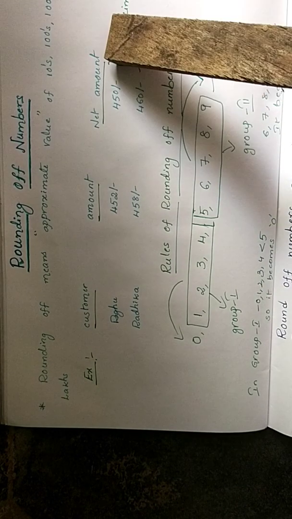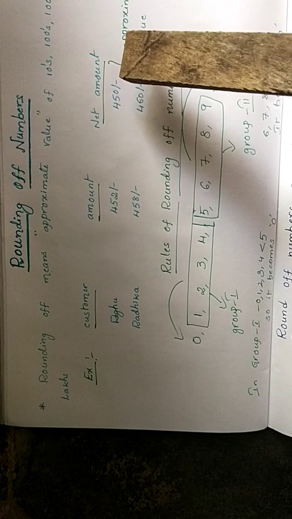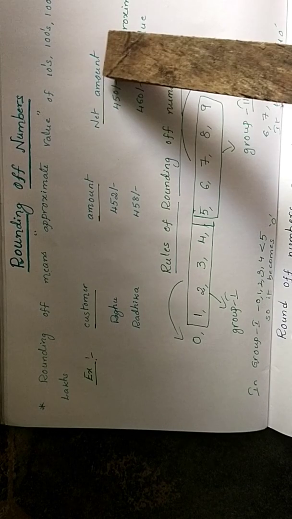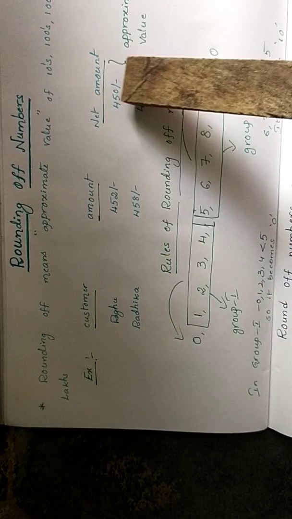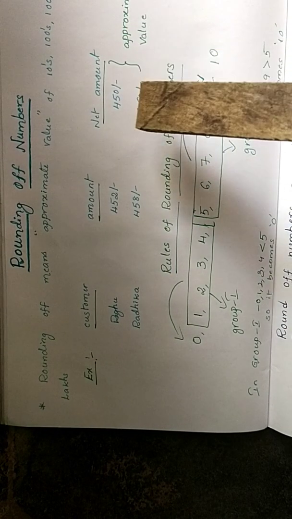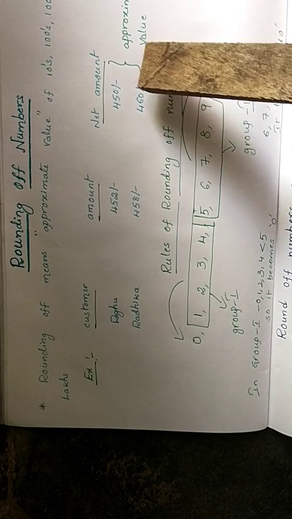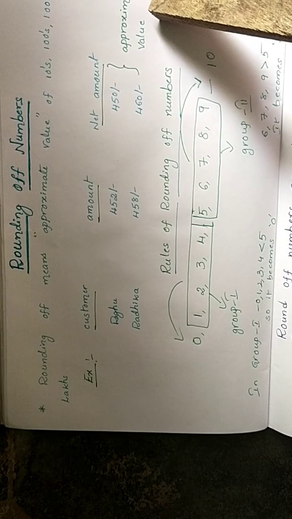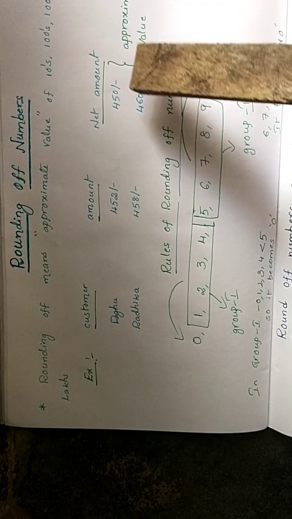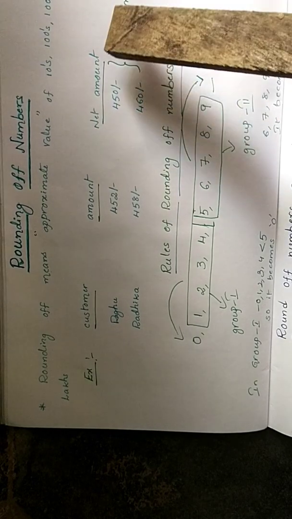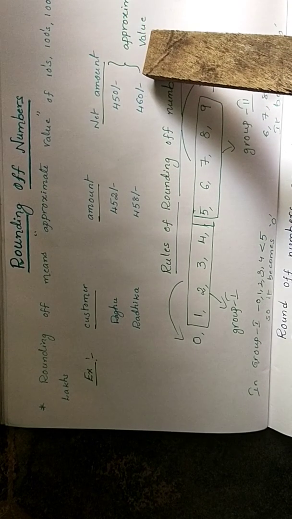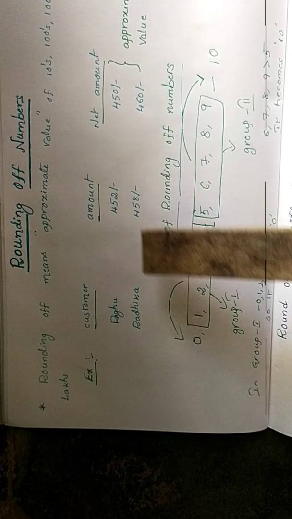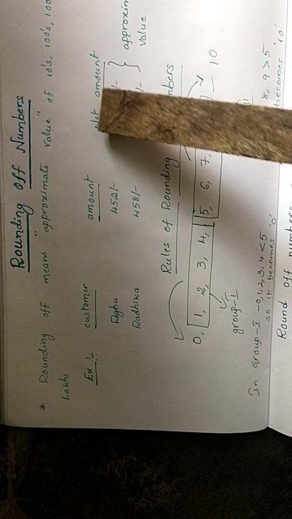Why? Here 450 and here 460. The net amounts are 450 and 460. These two are approximate values. Approximate value means not the exact value. It's an estimation value. So why did the shopkeeper take this amount?